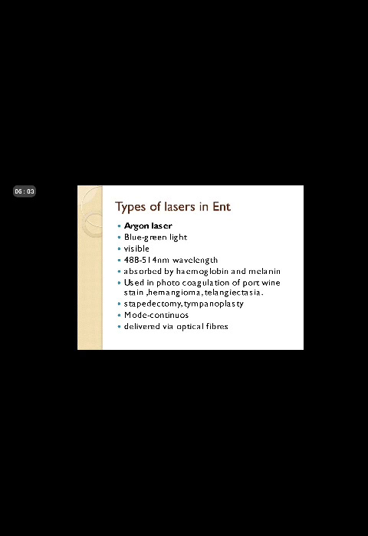It's used in stapedectomy, tympanoplasty. The mode is continuous. There are different modes in which laser is administered: it could be a pulsed mode, which is like an on-off mode, or a continuous mode. Here there is a continuous mode. It can be delivered by optical fibers.